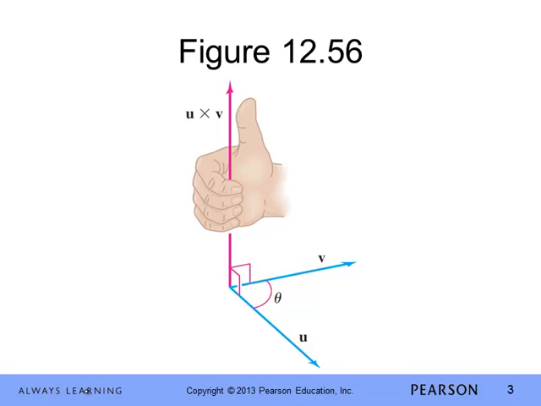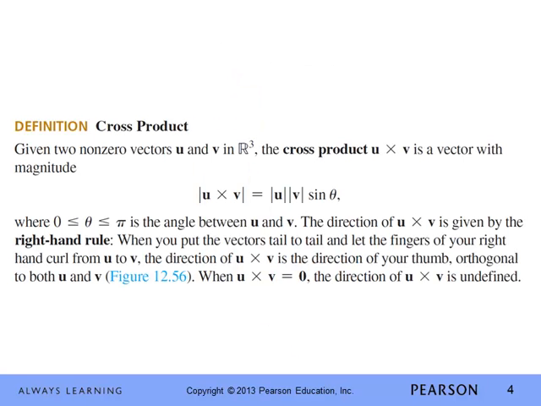So for example, suppose that we've got a plane out there in three-dimensional space, and you need to come up with a vector that's normal to that plane. Well, just find two vectors that are on the plane and take their cross product, and then you'll have your normal vector, for example.